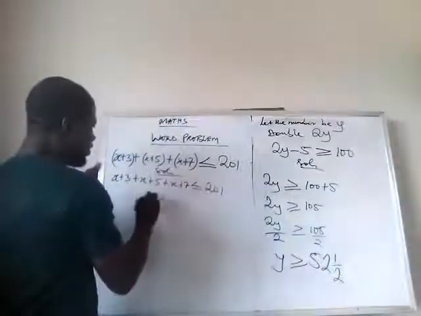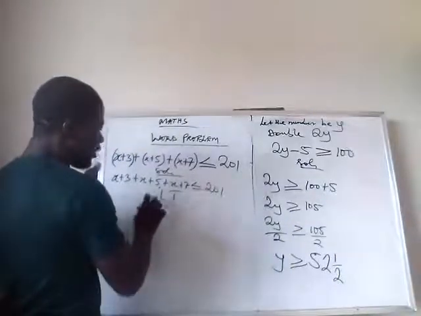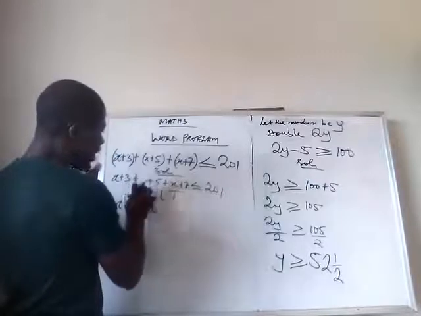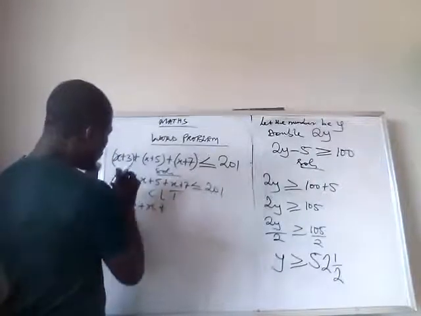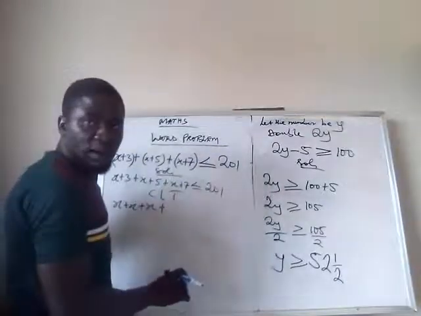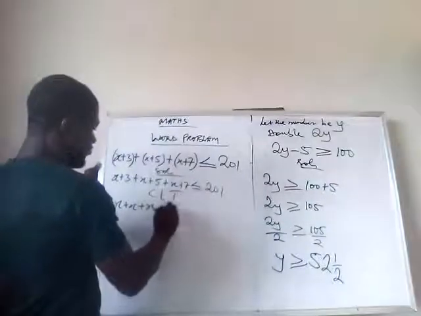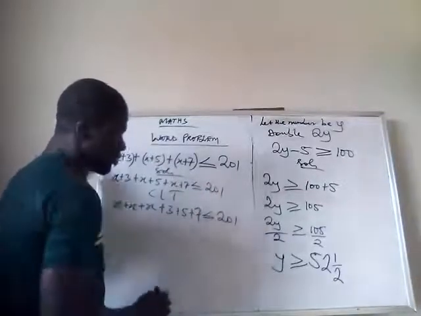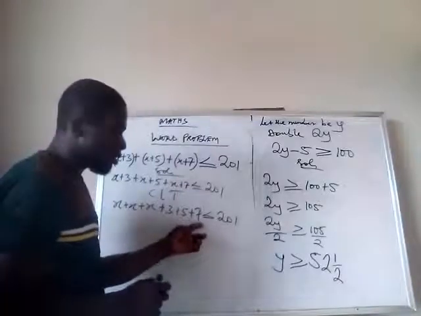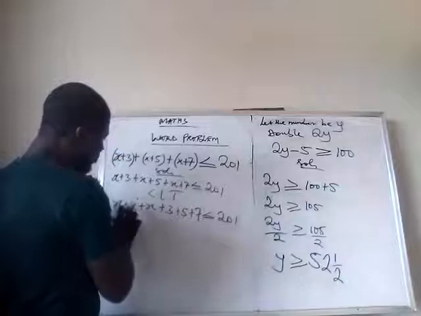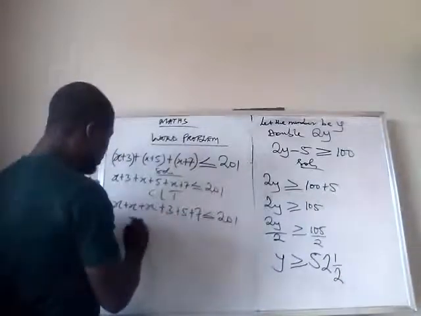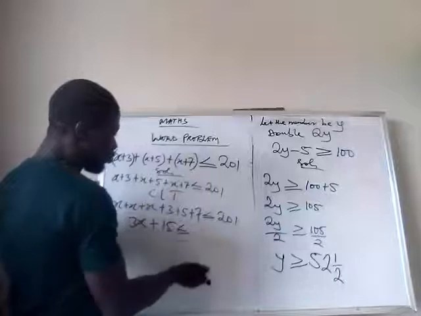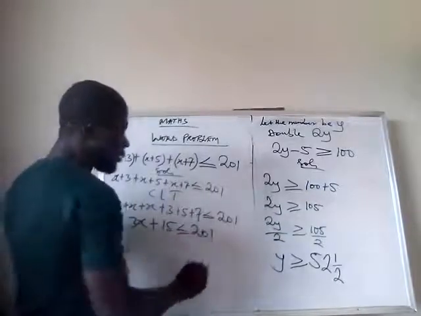When you collect like terms, we have x plus x plus x, plus 3 plus 5 plus 7, is less than or equal to 201. 3 plus 5 plus 7: 7 plus 3 gives 10, plus 5 gives 15. x plus x gives 2x, plus x gives 3x. 3x plus 15 is less than or equal to 201.